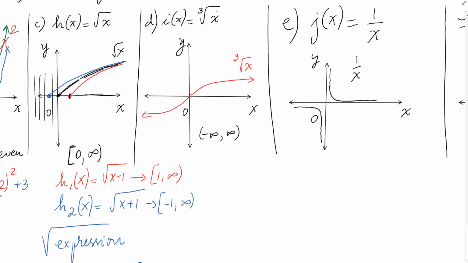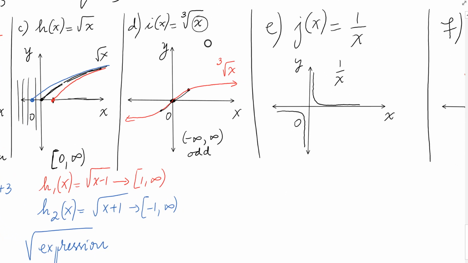It means that under the radical we can put any numbers we want, because the cube root can be computed of negative numbers and positive numbers. This graph is symmetrical with respect to the origin, so this function would be odd as well. And we also have the intercepts at the origin. This graph intersects the x-axis and the y-axis at the origin.